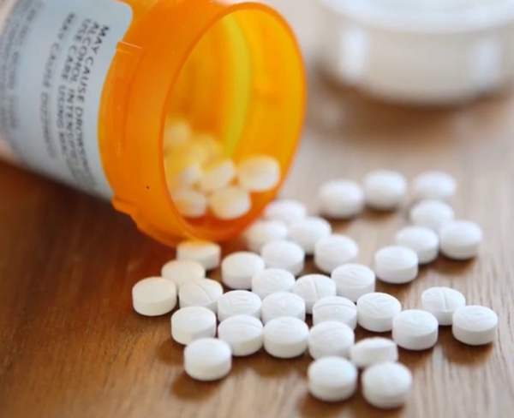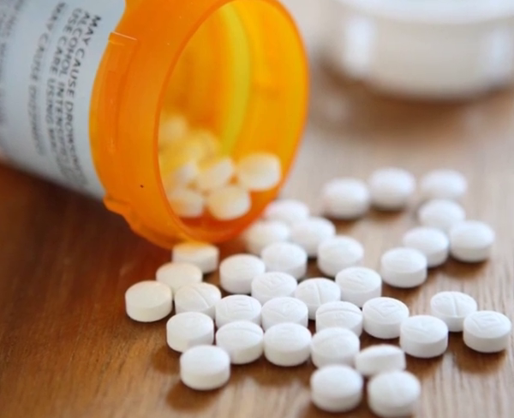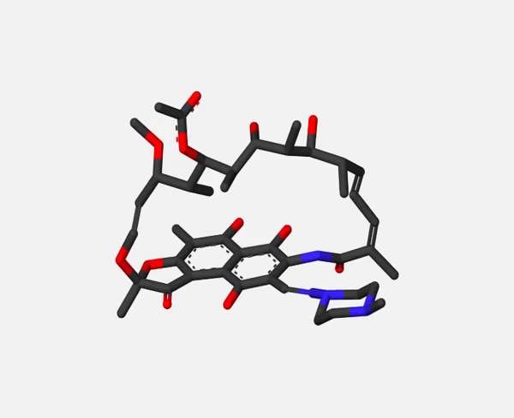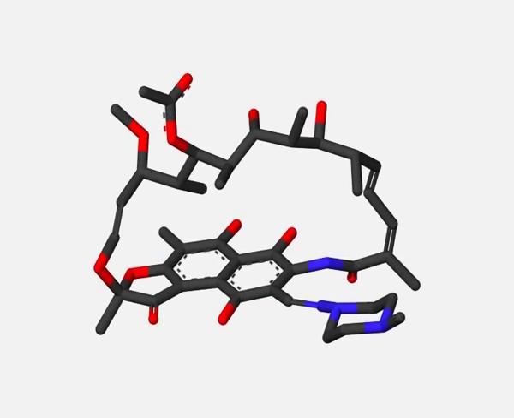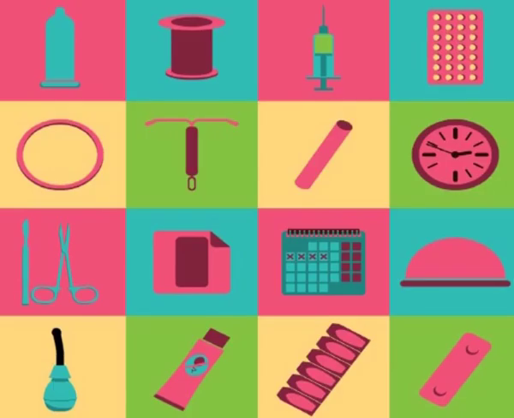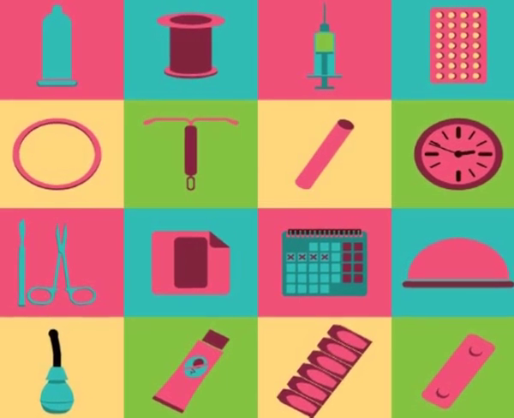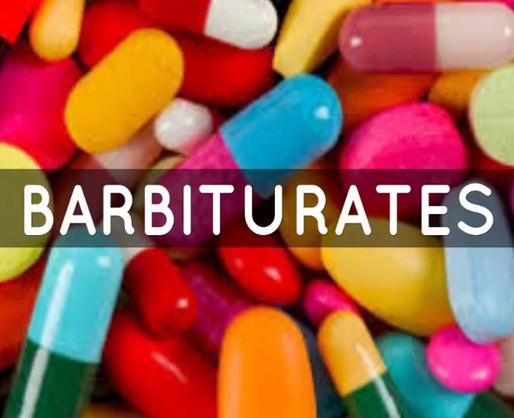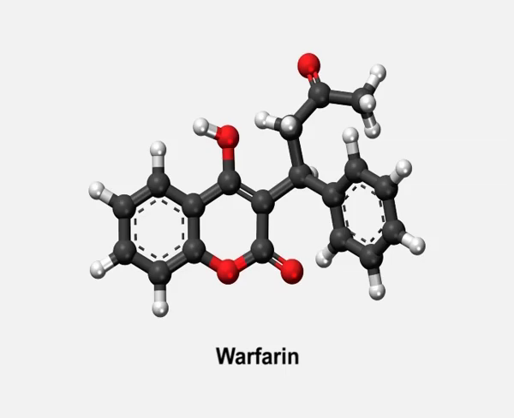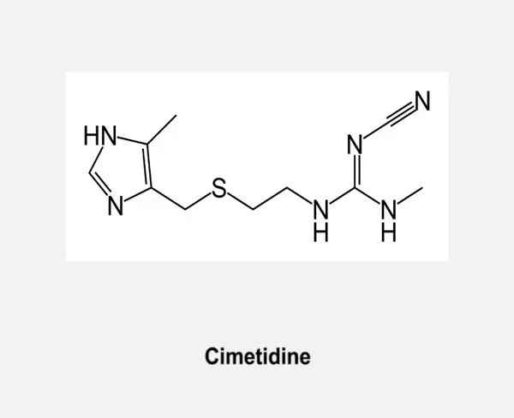Examples of drugs that cause enzyme induction are the barbiturates, some anticonvulsants and rifampin. The interaction of rifampin with contraceptives causes failure of conception. The interaction of barbiturates with warfarin decreases the anticoagulant effect of warfarin. Cimetidine potentiates the effect of warfarin and theophylline.